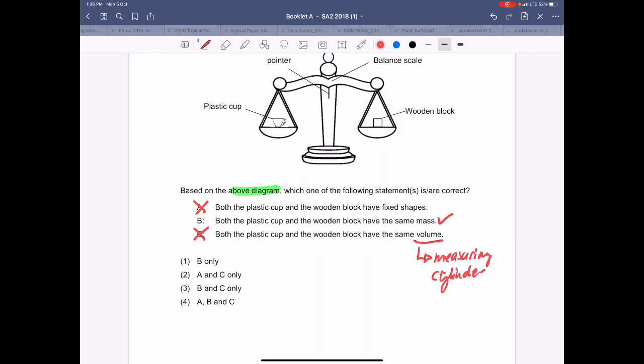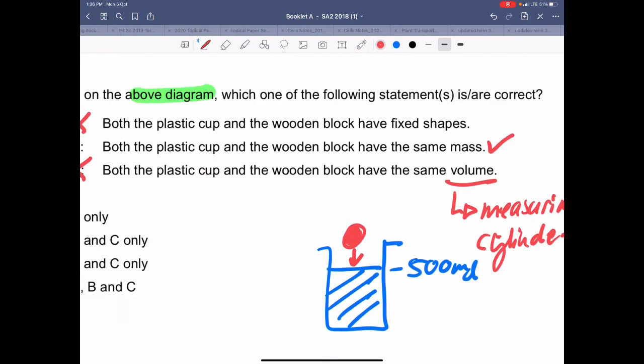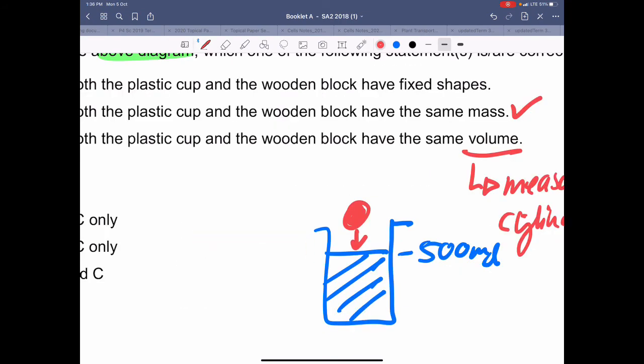Now, of course, you cannot just put the item inside an empty measuring cylinder. You will need to use a measuring cylinder that is big enough to hold the whole object. Fill it in with water first. Okay, quick recap. So you fill it in with, let's just say you know that this is 500 ml. Then you put the object inside. As you put it inside, the water level should increase.